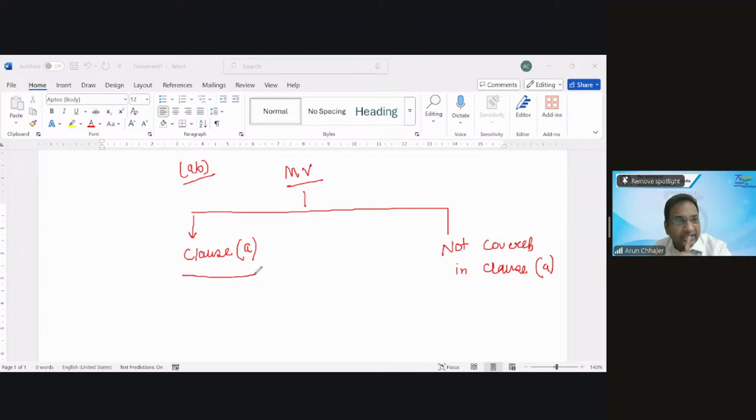ITC is allowed or ITC is blocked? I'm talking about repair, maintenance, etc. of a motor vehicle which is specified in clause A, ITC is allowed or not allowed? Correct. Not allowed.